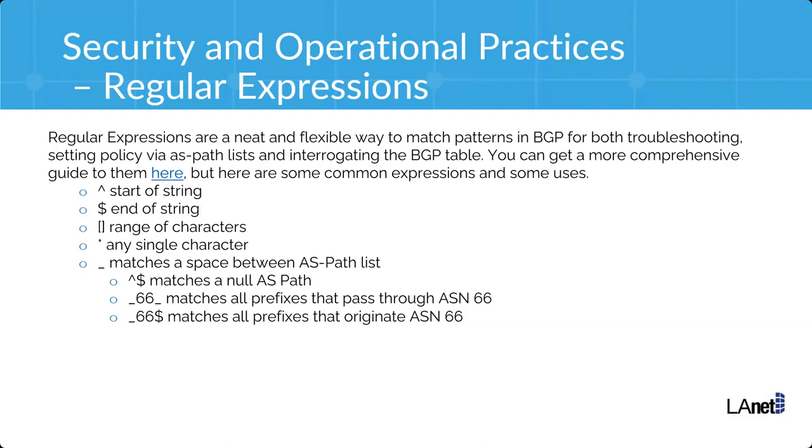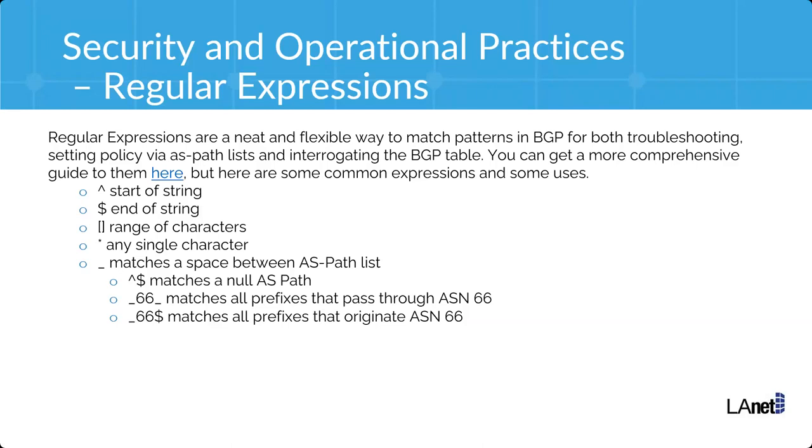Maybe I want to know all the prefixes that go through ASN 66. Maybe there's a problem. This does happen occasionally on the internet. I don't know if it's happened this year, but it happened last year and it caused a real problem on the internet where two ISPs had basically a war with one another. I can't remember, I want to say it was Spectrum and someone else, but don't quote me on that. There's actually a great blog article on it in ThousandEyes, if you remember our ThousandEyes session from last year.